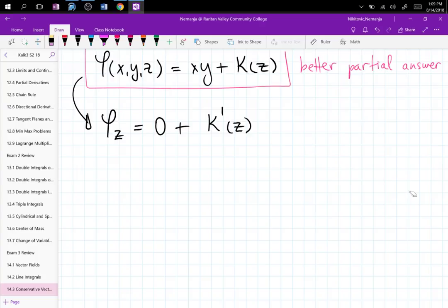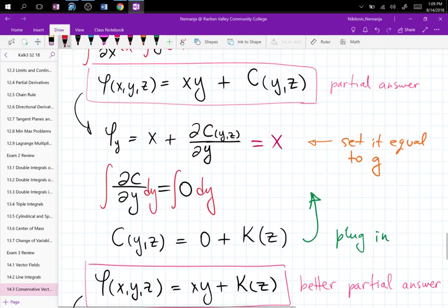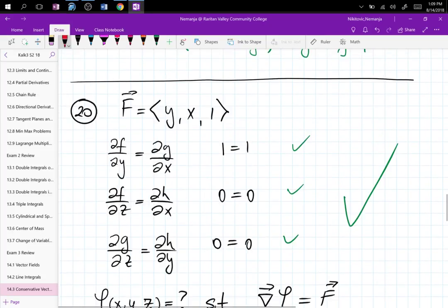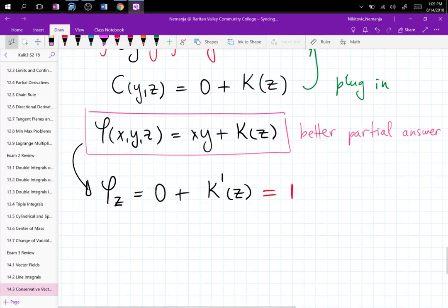We need to set this equal to, you have to set this equal to 1, because that's what your h is. Where's my orange? Set it equal to h. There we go, much better.